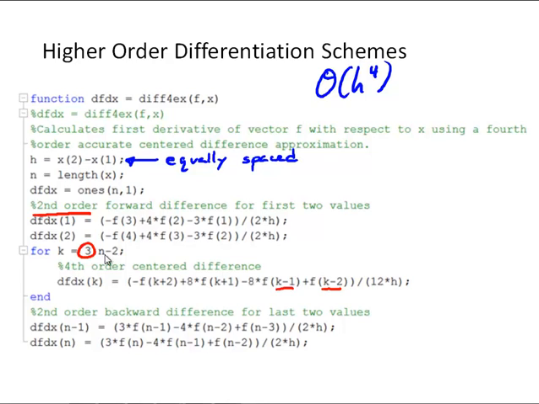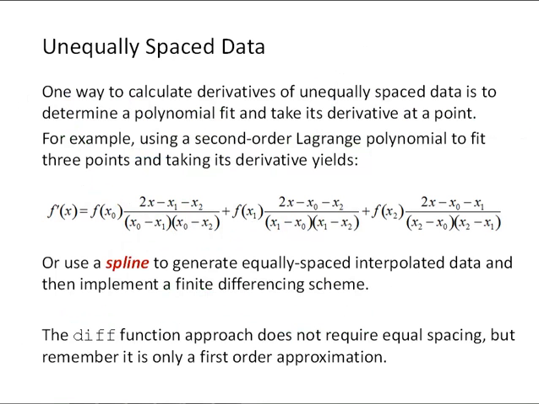And then we have to stop 2 short of the last data point because we need the k plus 1 and k plus 2 data points. So we'll stop there and use second order backward differences for the last 2 values. So you can download this M file and play with it and use that for fourth order centered difference approximations.